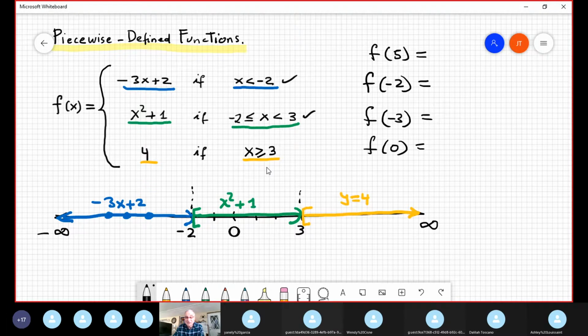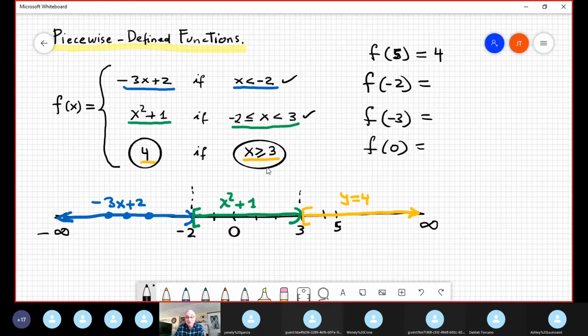So the process is easy. Let me start with 5. 5 is here: this is 3, 4, 5. It is obvious that 5 lies in the yellow part, and the yellow part corresponds with this interval, and the selection is the function 4, and the answer is just 4.